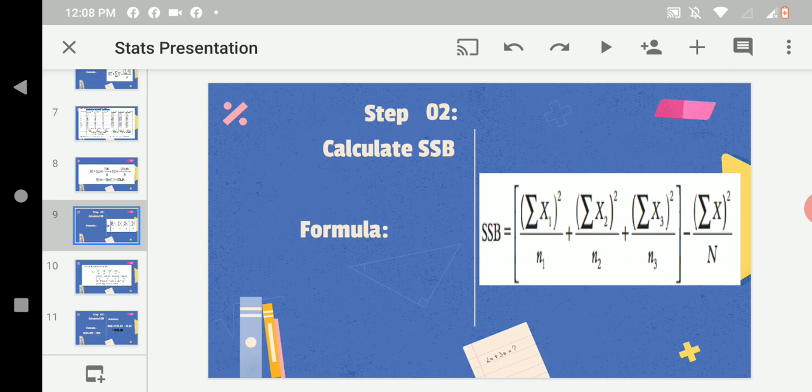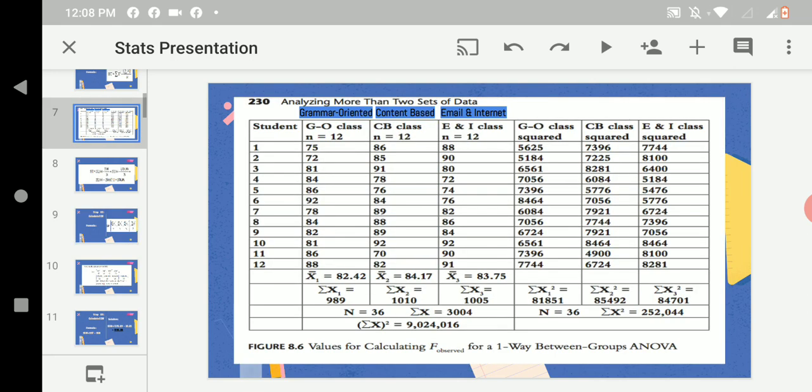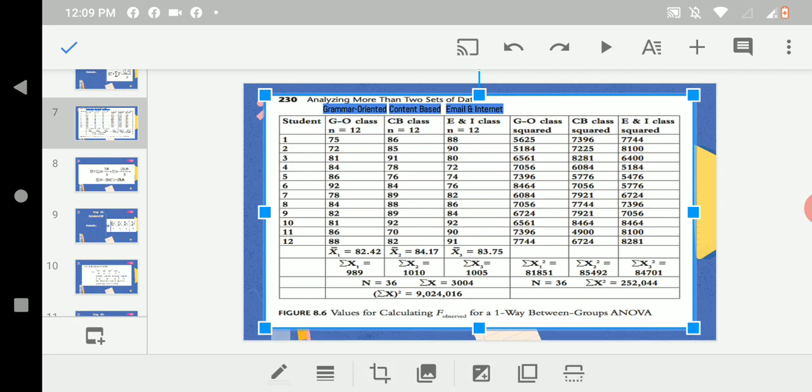These summations of x sub 1, 2, 3 are the summation of each data from each group. So we will see here in the table, from each group, there is a summation. For the x1, we have the 989. For the summation of x sub 2, we have the 101. And the summation of x sub 3 is 1005.